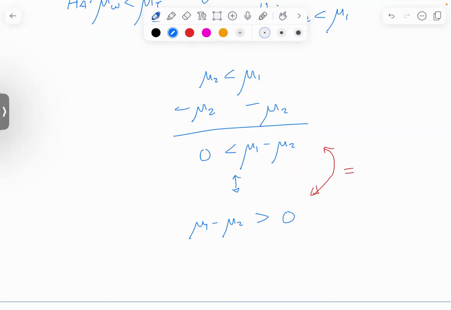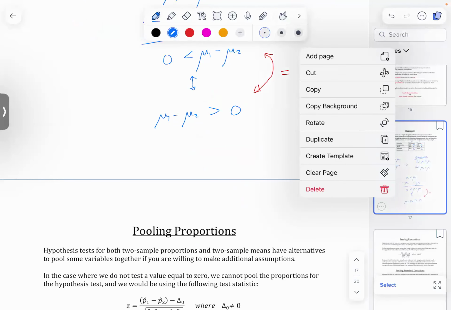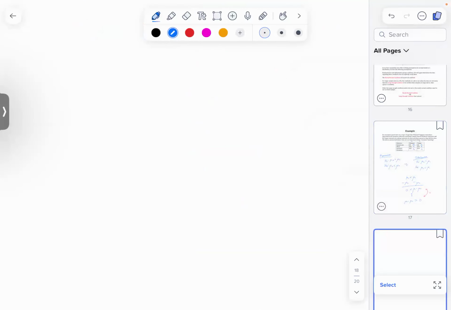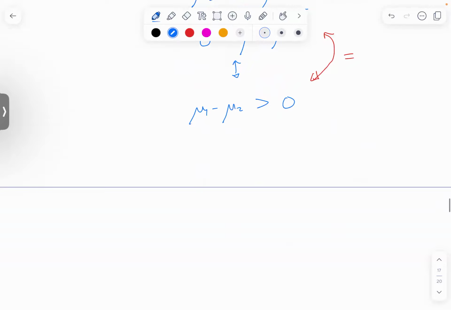So we want to make sure we can do that. Then our hypotheses become: mu1 minus mu2 greater than 0, and mu1 minus mu2 equals 0.